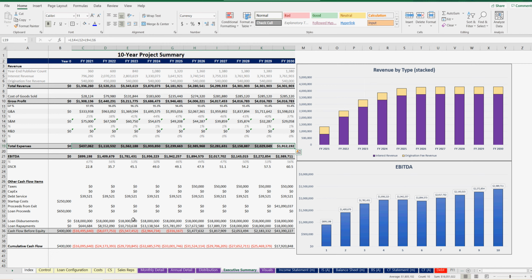If we go over to executive summary, we've got the high level, two revenue streams, interest and origination fees, total revenue, cost of goods sold. This is kind of like an income statement cash flow summary. That's kind of what I defined as the executive summary, and it's got some charts showing revenue by type and EBITDA.